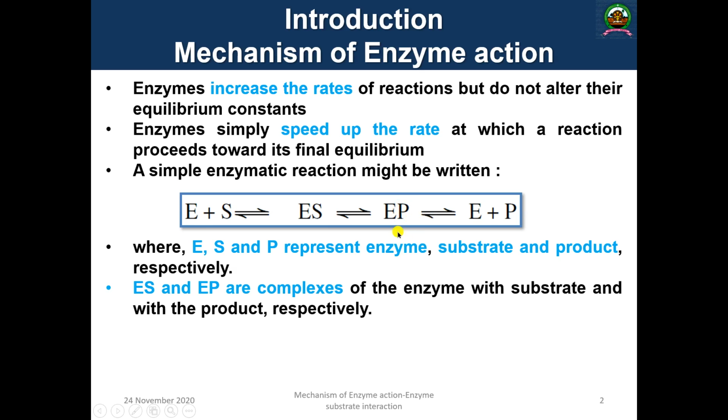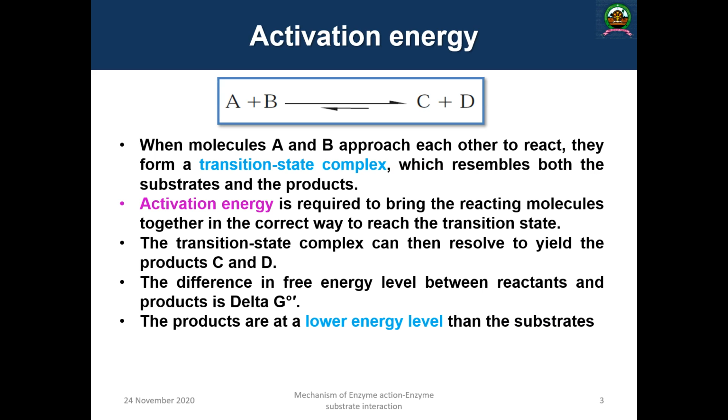Then once the process is over, the enzyme and the product are detached. This is the simple enzymatic reaction, where E, S, P represent the enzyme, substrate and product respectively, and ES and EP are the complexes of enzyme with substrate and product respectively. So this is the general and simple enzymatic reaction.